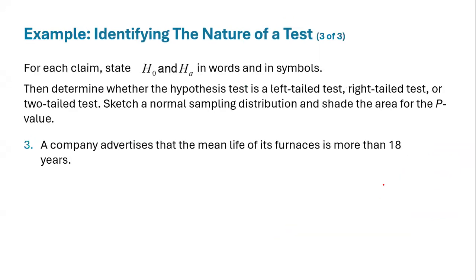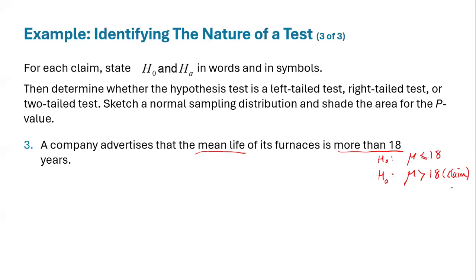And the next example says a company advertises that the mean life of its furnaces is more than 18. Mean life is more than 18. Mean or mu is more than 18, and that's a claim. Where do we put the claim? In the alternative, because there is no equal sign, so the null hypothesis must be less than or equal.